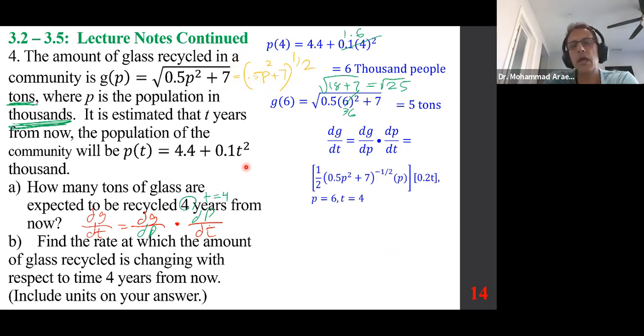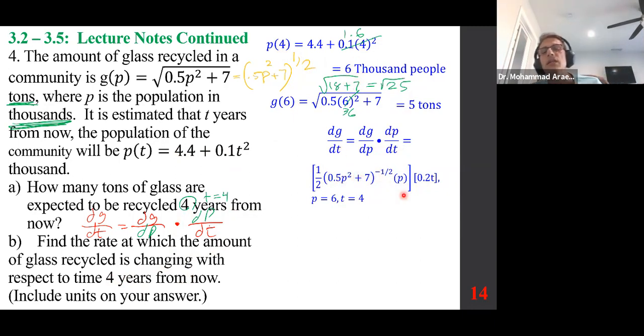Now, the reason I'm writing this is because you have a choice here. Replace this P with this, and use the fact that t is 4, or don't replace it. Keep the P intact, keep the t intact. This t is, of course, t equals 4, and this P, we have already calculated when t equals 4 is 6, so replace it with 6.